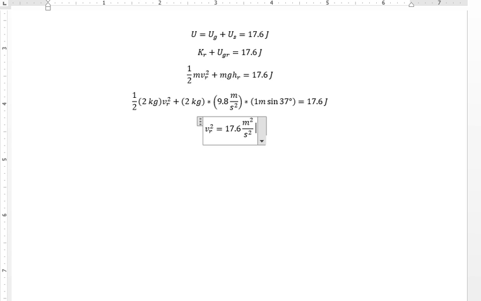A joule is a kilogram meter squared per second squared, so a joule per kilogram is a meter squared per second squared, minus 11.8 meters squared per second squared.